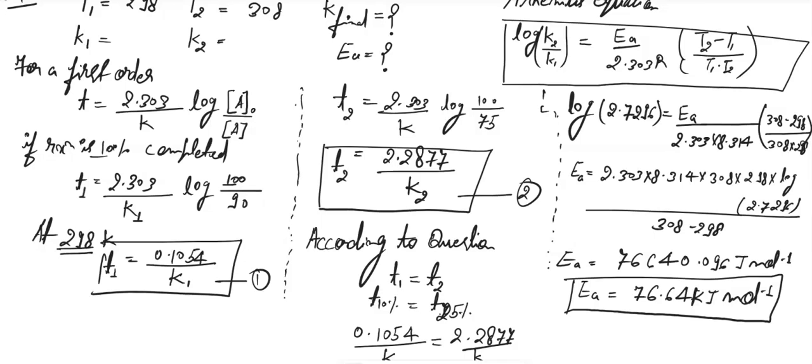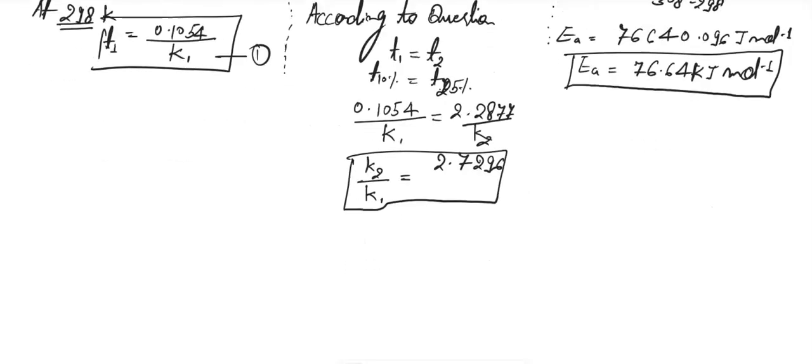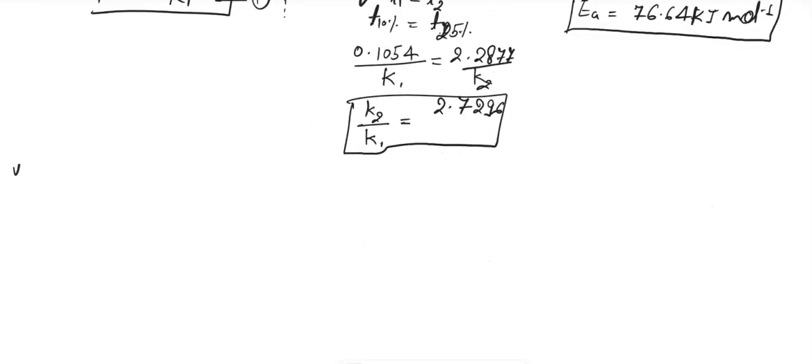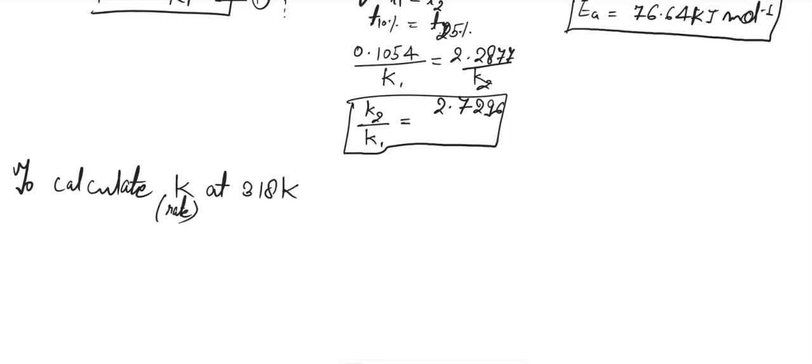Now we need to calculate the final rate constant K at how much temperature? At 318 Kelvin. Remember, this is the rate constant K, and this is your Kelvin temperature.